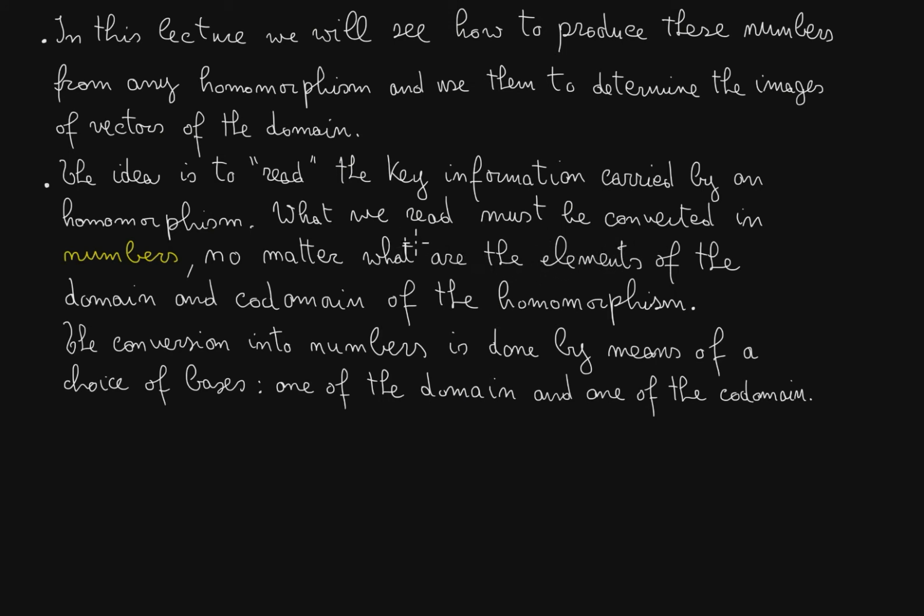But I stress the fact that in this case I'm talking about numbers, so I want to replace, in a sense, the homomorphism with a set of numbers which will allow me to recover all the information carried by the homomorphism, which means that using these numbers I will be able to find the image of any element in the domain, in the vector space domain, through this homomorphism.